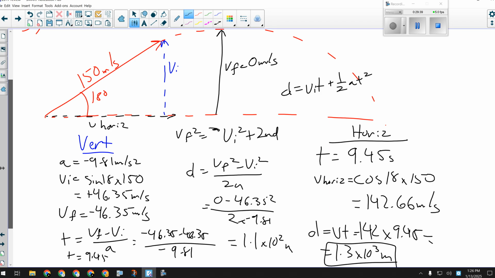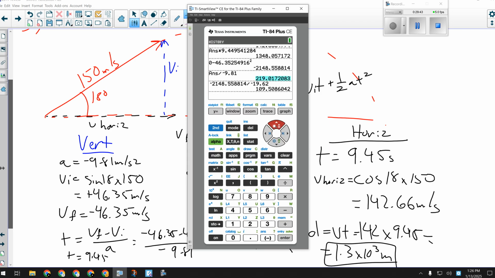Okay, so I take that VI, which is way up here now, times 4.7 seconds plus 0.5 times negative 9.81 times 4.7 squared. Okay, gives us pretty much the same number.